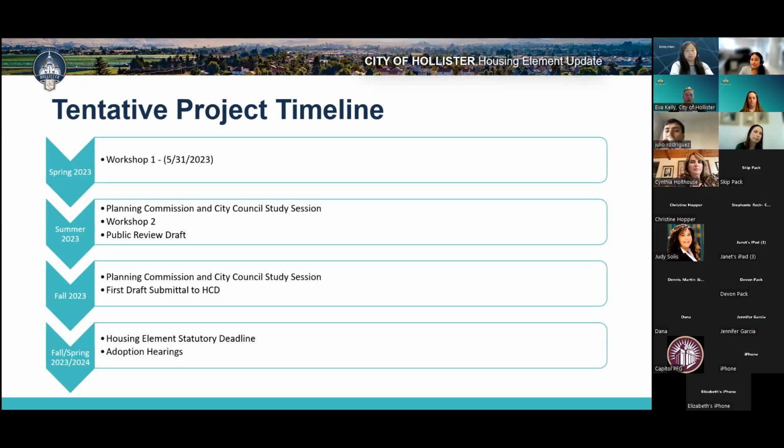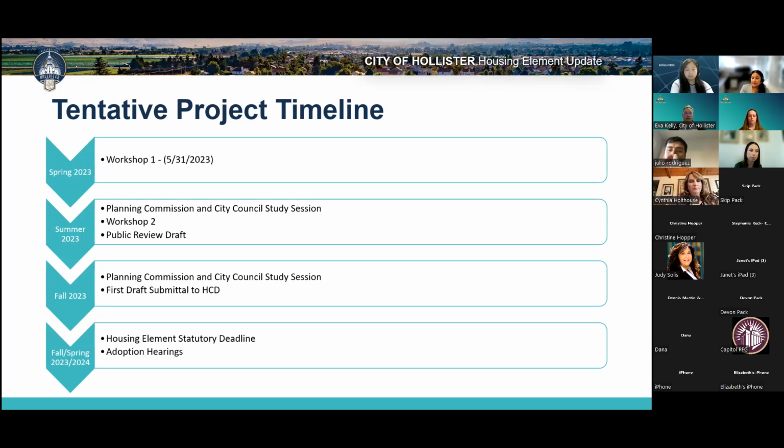Following the conclusion of the public review period, we will have a revision process internally to make any necessary adjustments based on feedback that has been received on the housing element. We'll have a second Planning Commission and City Council study session. Following the conclusion of that, we'll make final revisions and submit the first draft of the housing element update to HCD.